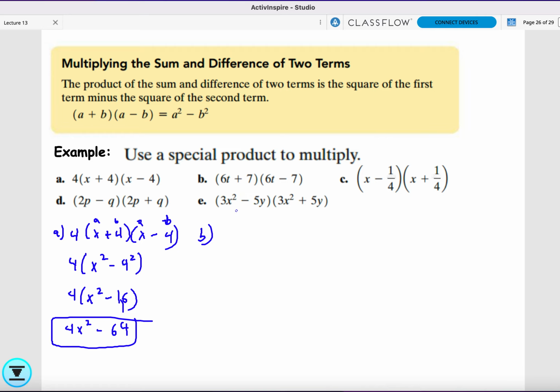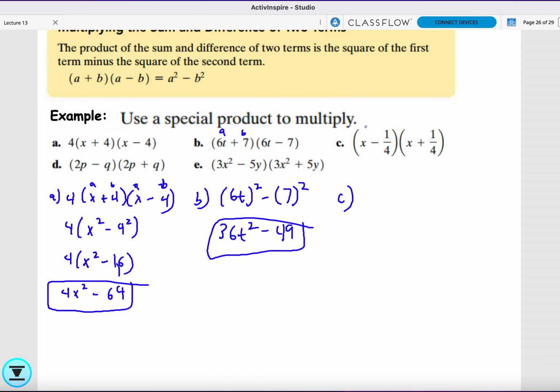So b, this is a, b, so it'll be 6t squared minus 7 squared. 6t squared is 36t squared minus 49. And we're done.